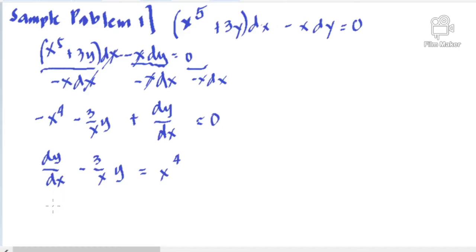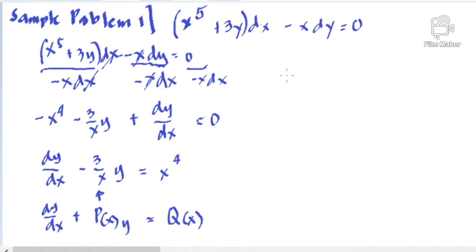Nasa form na siya ng dy over dx plus p of x y is equal to q of x. So, looking at that one, ano yung p of x mo? Ibig sabihin, the p function of x. Ito yon, di ba? Negative 3 over x, correct? Ano yung q of x mo? X to the fourth.